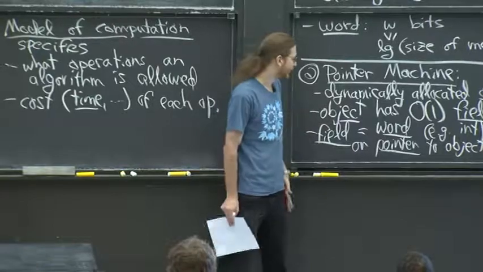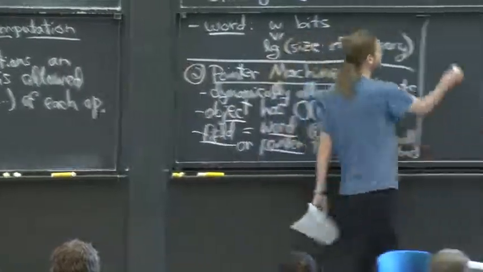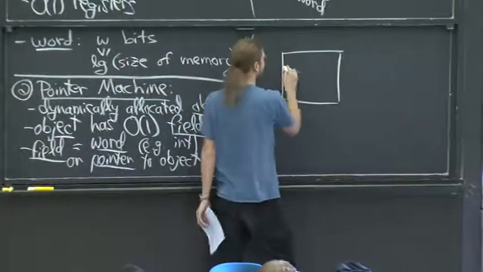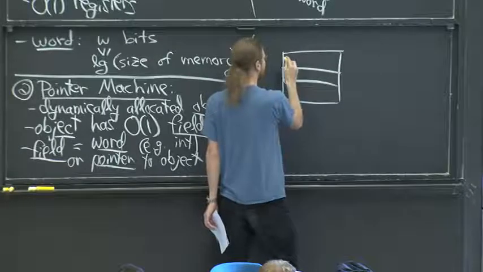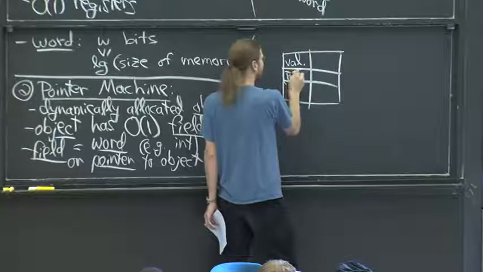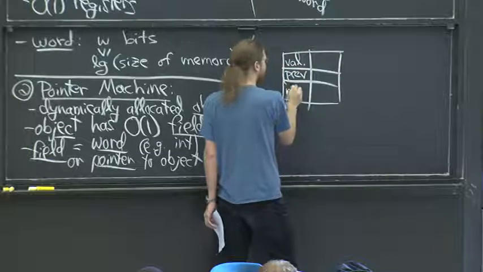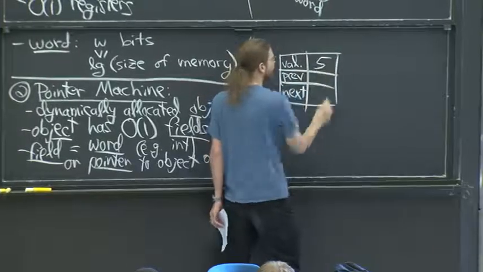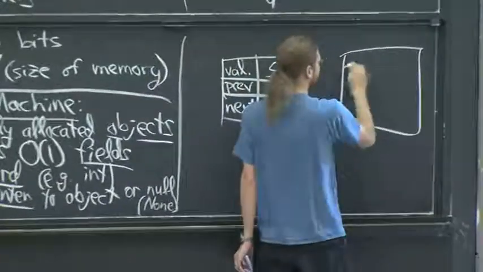It doesn't matter. The point is, you've seen linked lists, I hope. And linked lists have a bunch of fields in each node. So maybe you've got a pointer to the previous element, a pointer to the next element, and some value. So here's a very simple linked list.